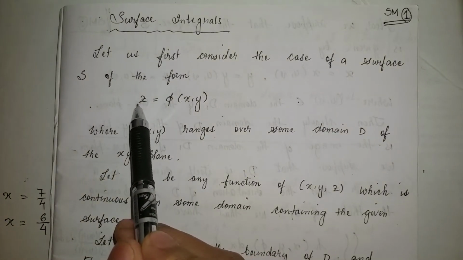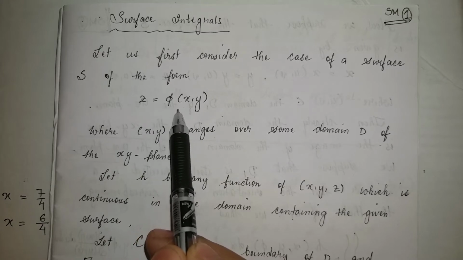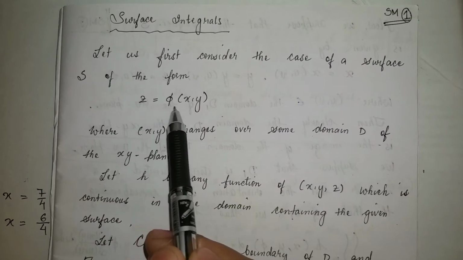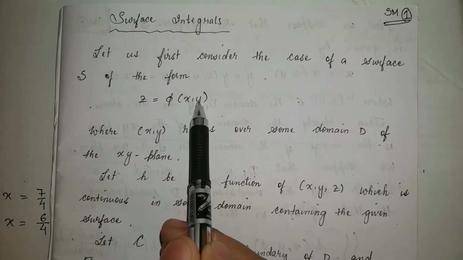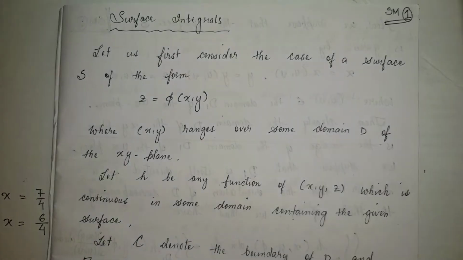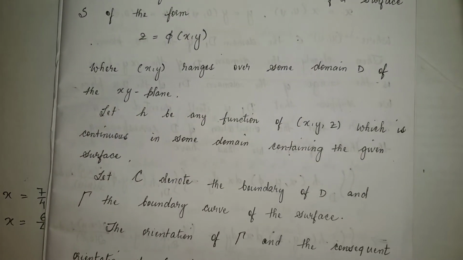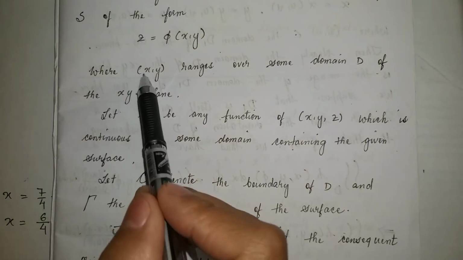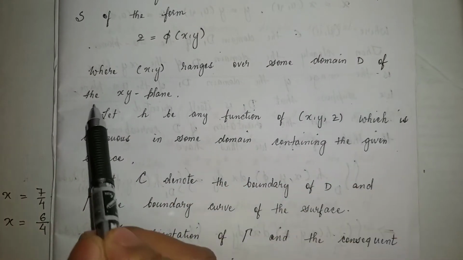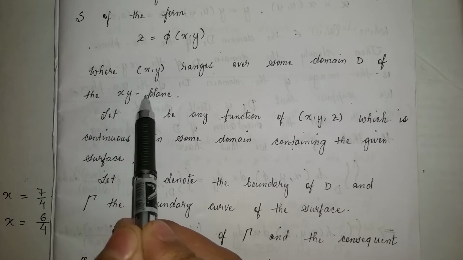Here, z is fully expressed in terms of x and y. It means that for any value of x and y, the value of z is fixed, where x and y range over some domain D of the xy plane.